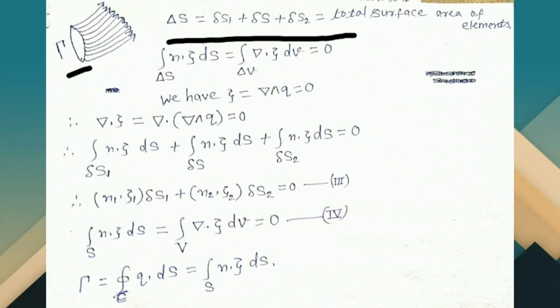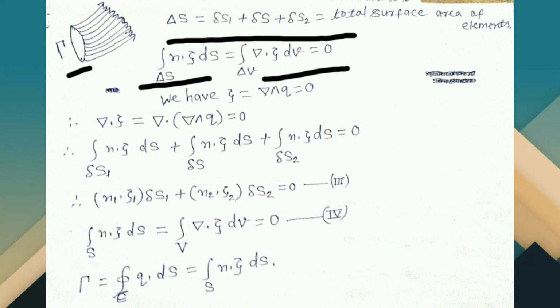Then we get integration over delta S of n dot zeta ds is equal to integration over delta V of del dot zeta dv is equal to 0.